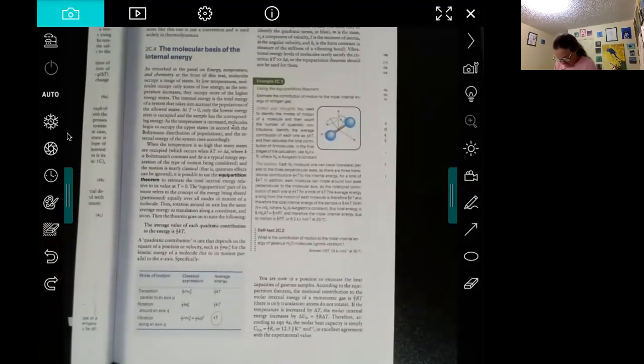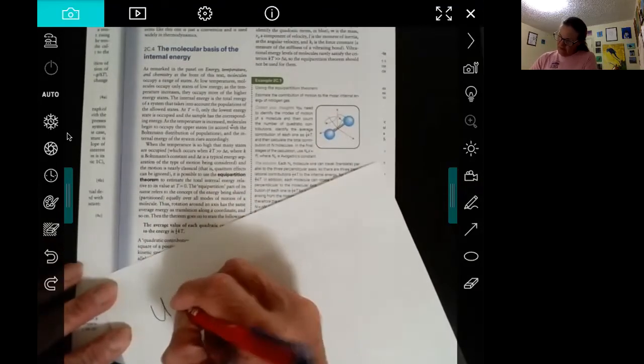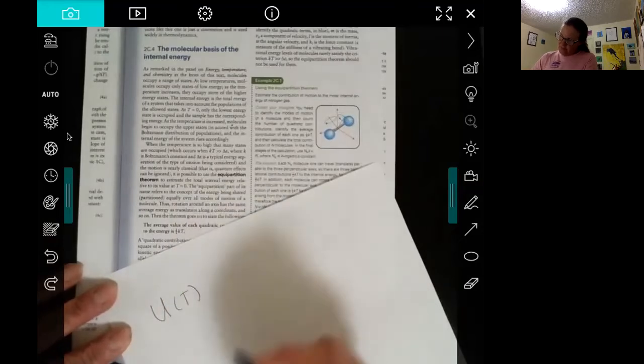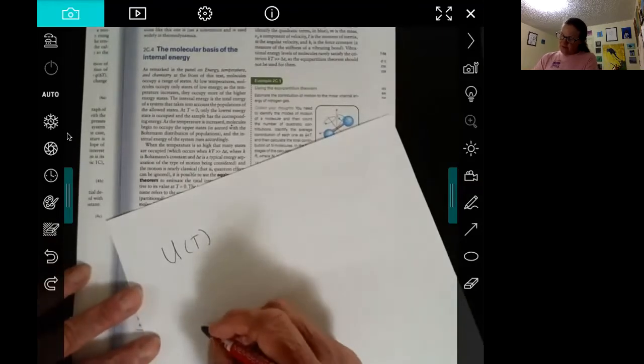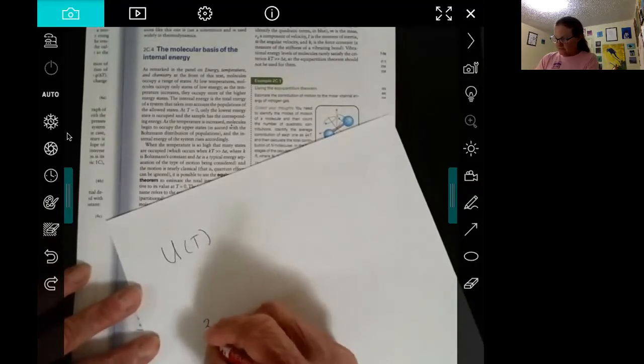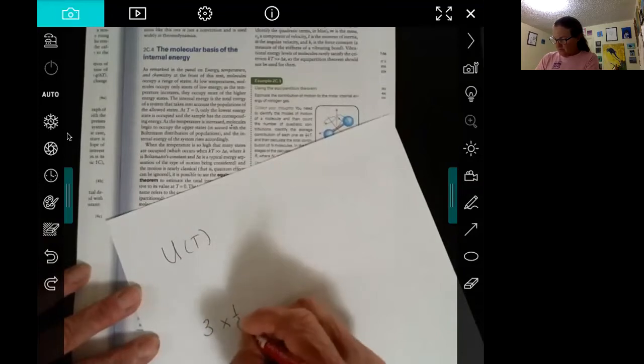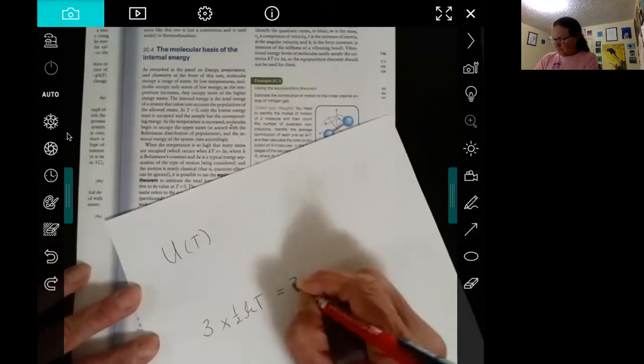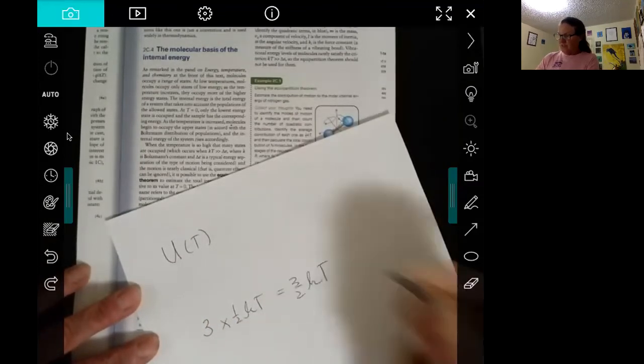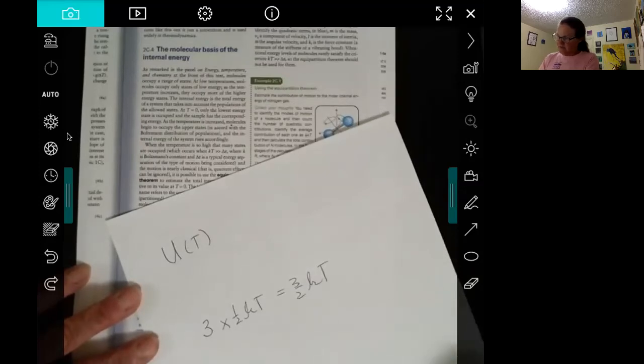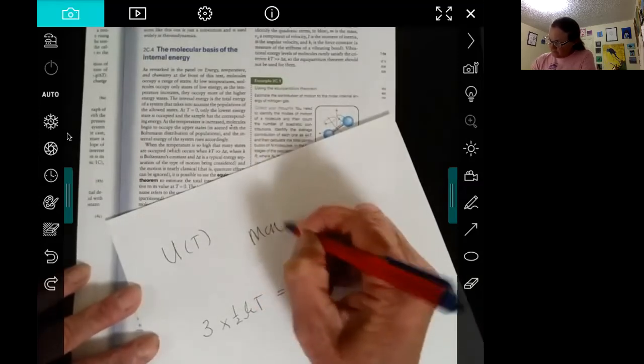So when you're talking about a monatomic perfect gas, then internal energy is going to be a function of temperature. So individual particles can fly through space, but they can't rotate and they can't vibrate. So monatomic.